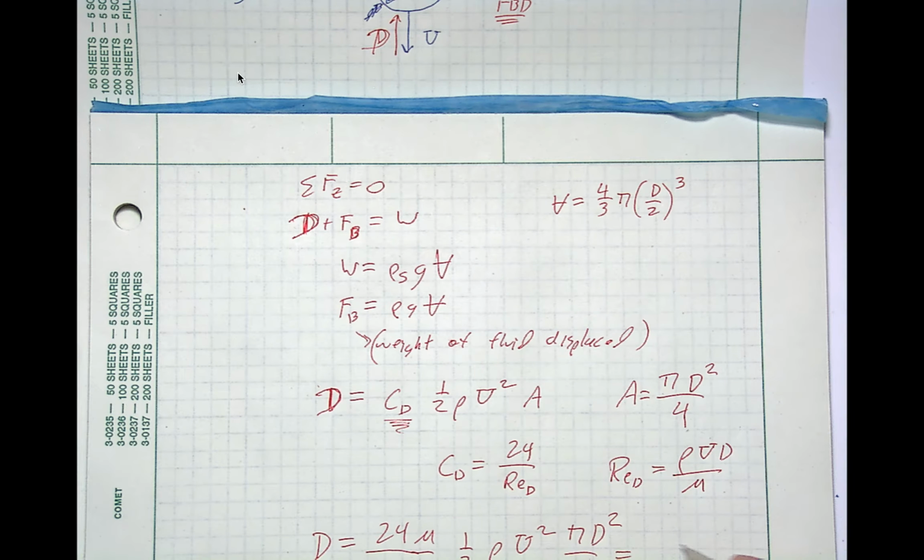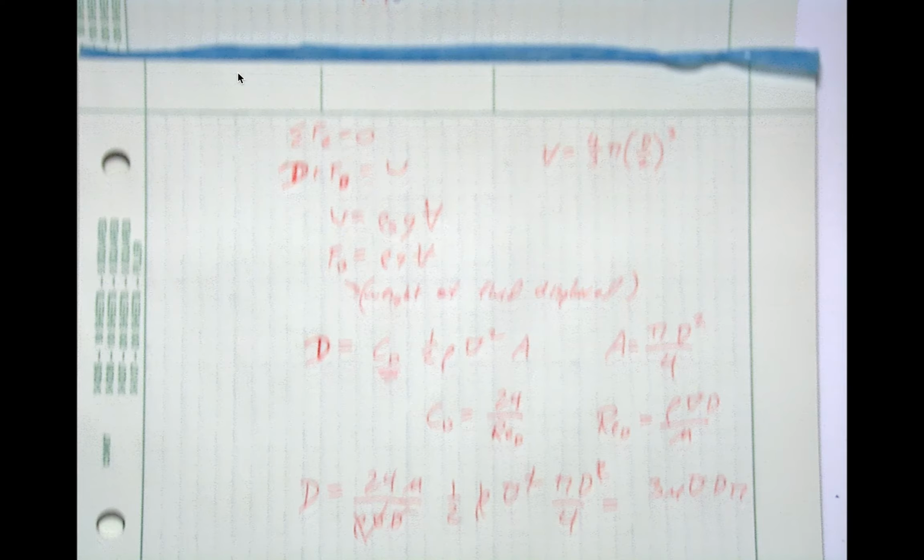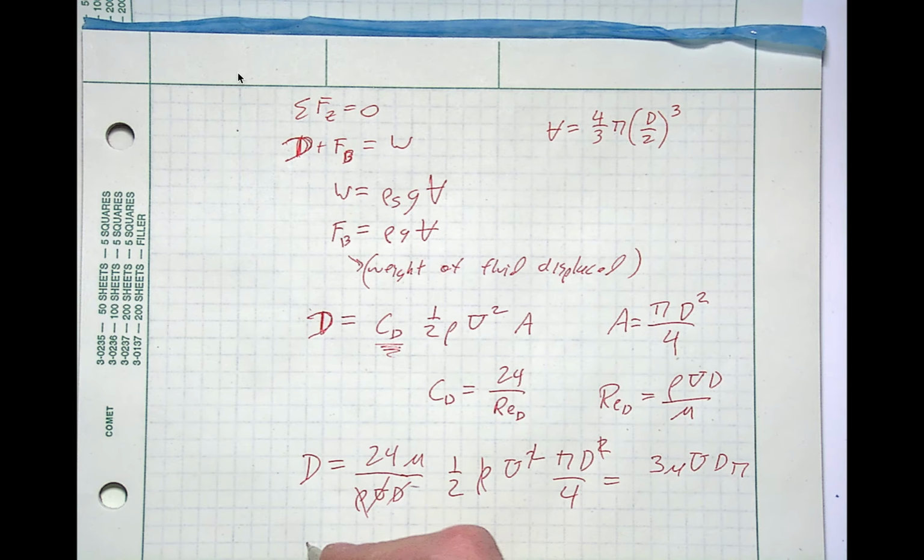That's going to be 3 on the top. Viscosity is on the top. Density cancels. One of our u's cancels, so we're just left with 1 u. We're going to have only 1 d left on top and a pi. Three pi.